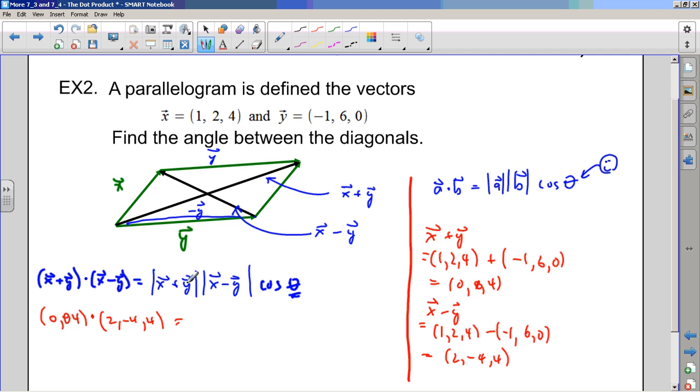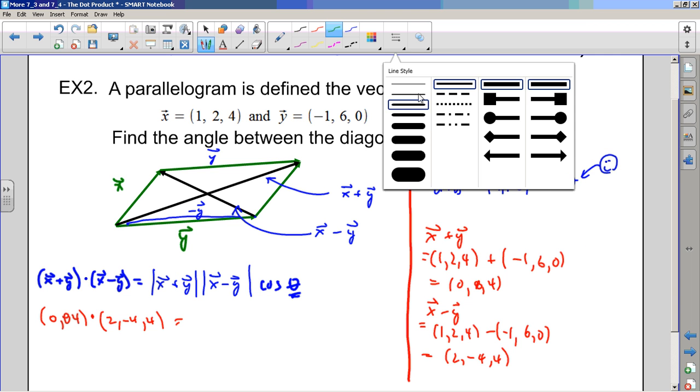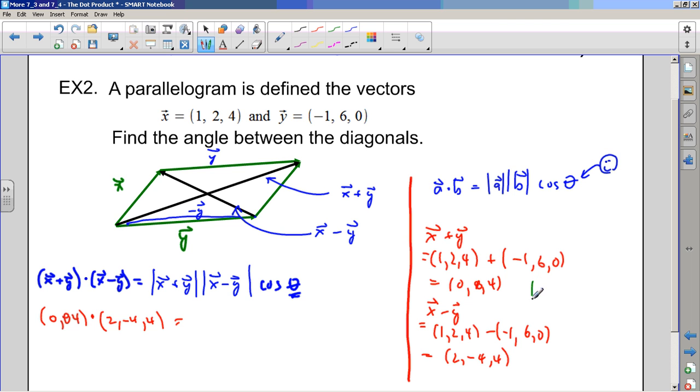And then the magnitude of that, well, the magnitude of this vector, let me do that over here. The magnitude of 0, 8, 4 is just the square root of 0 squared, 8 squared plus 4 squared, 64 plus 16, square root of 80.